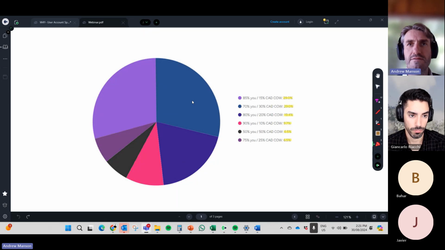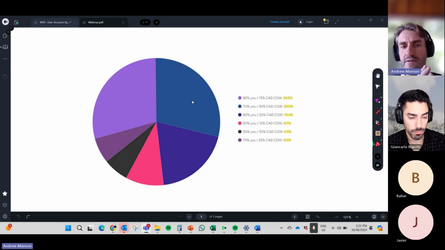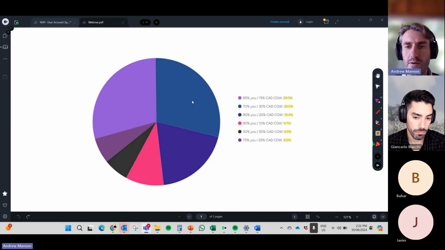For instance, if a client would pay $50 and it was a 70-30% split, 30% being CADCOW's revenue and 70% your hourly rate, then that $50 a client pays ends up being $35 for you as the professional.